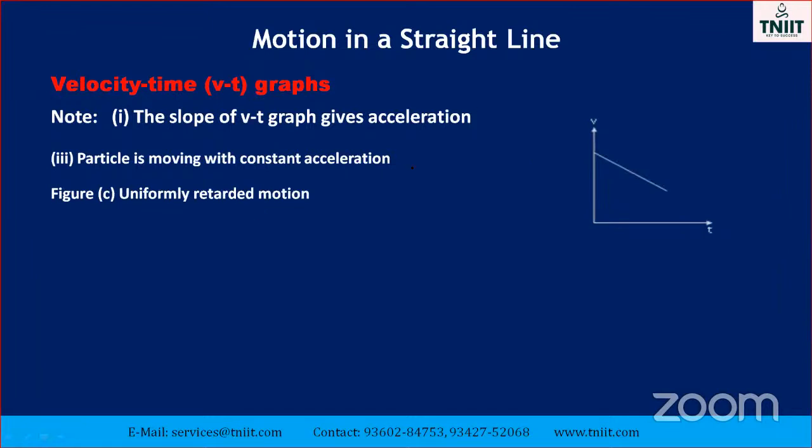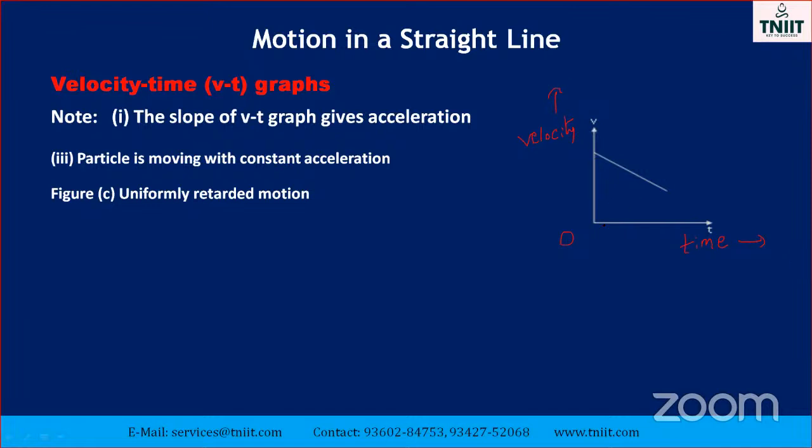Students, can you tell me the conclusion for this graph? What does it indicate? You can observe one thing here. The time is taken along the x-axis, the velocity along the y-axis.